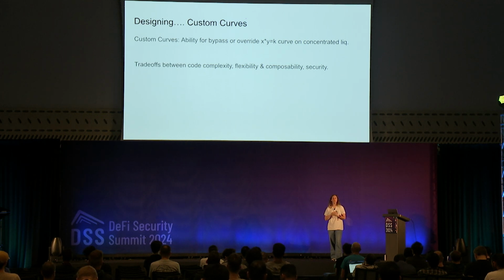This is a huge design space. We probably had around 4 or 5 different designs, and all of them pulled and pushed at these different trade-offs: code complexity, flexibility, composability, integratability, and security.